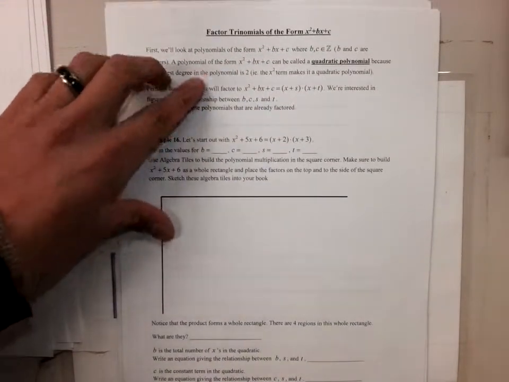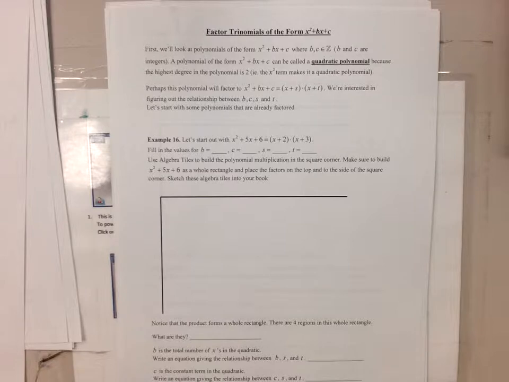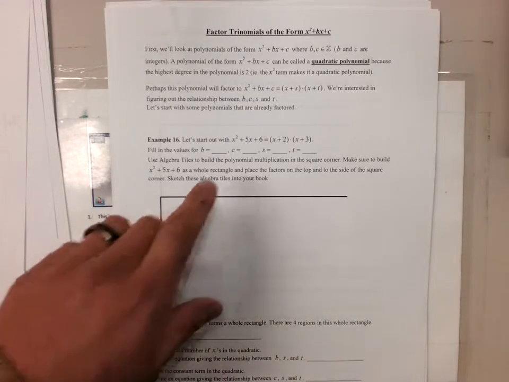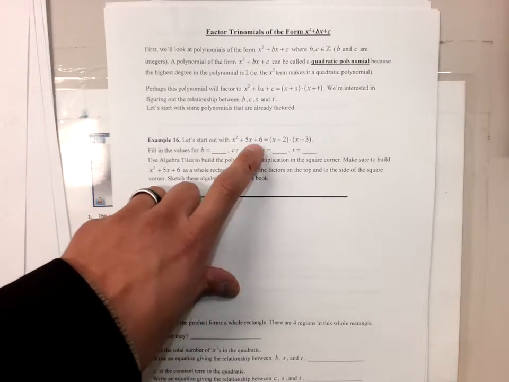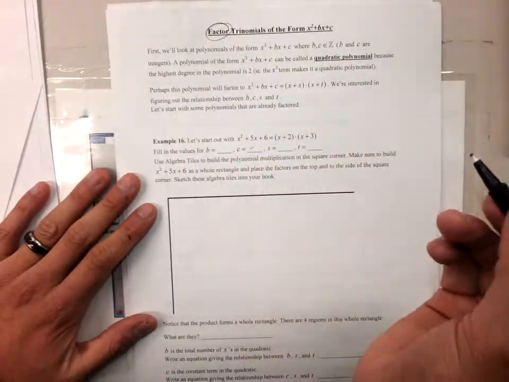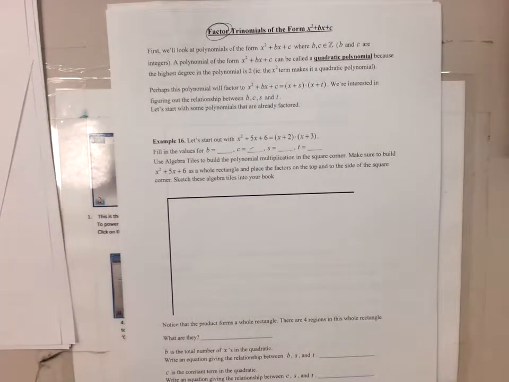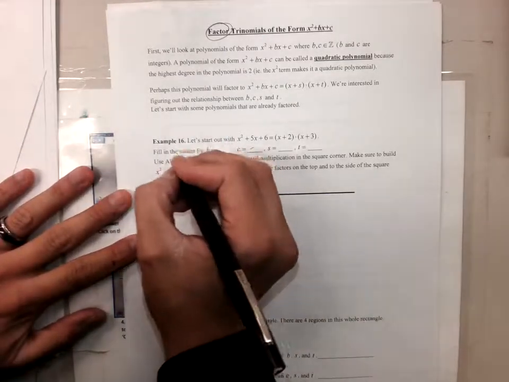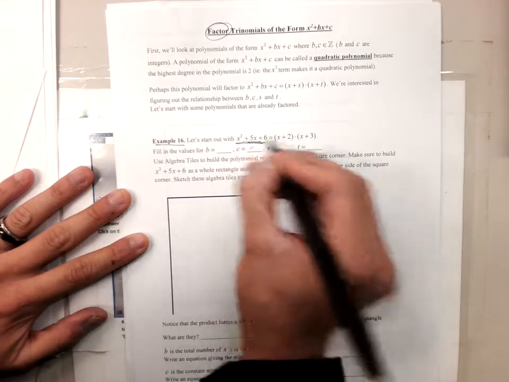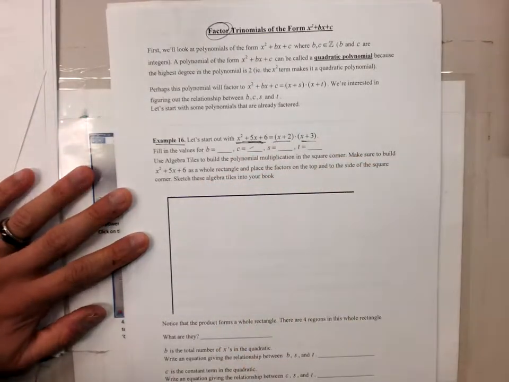On the next page, page number 21, we're looking at factoring trinomials in the form x squared plus bx plus c, right? So what does that really mean? So if we remember with our tiles here, so remember our factoring, our goal is to find out what it multiplies to, right? And so we proceed from here. So with this example here, this is our polynomial, and we know it factors to these two terms.